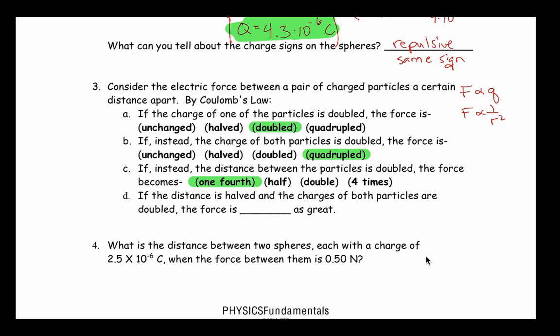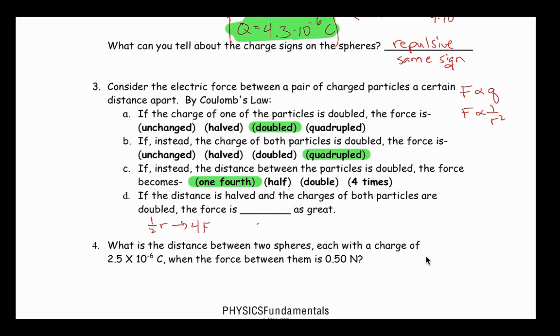And lastly, if the distance is halved and the charges of both particles are doubled, what would happen? Well, I already know that in B, doubling the charge would quadruple the force. Oh, sorry, different question, my bad. In this case, halving the distance, 1/2 r, would lead to the force going up by a factor of 4 times the force.